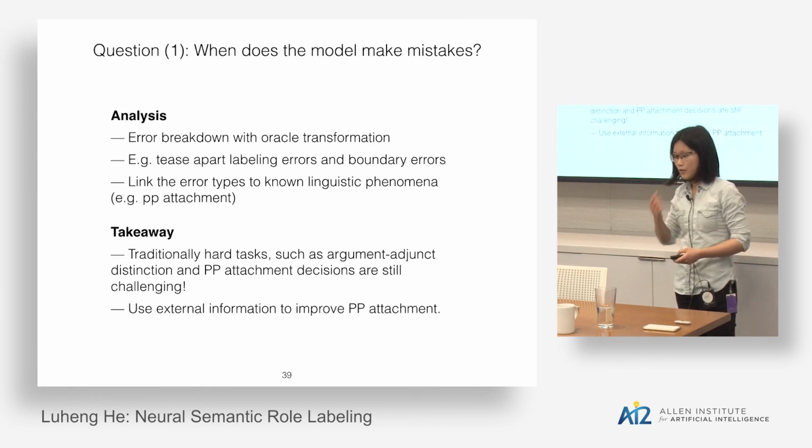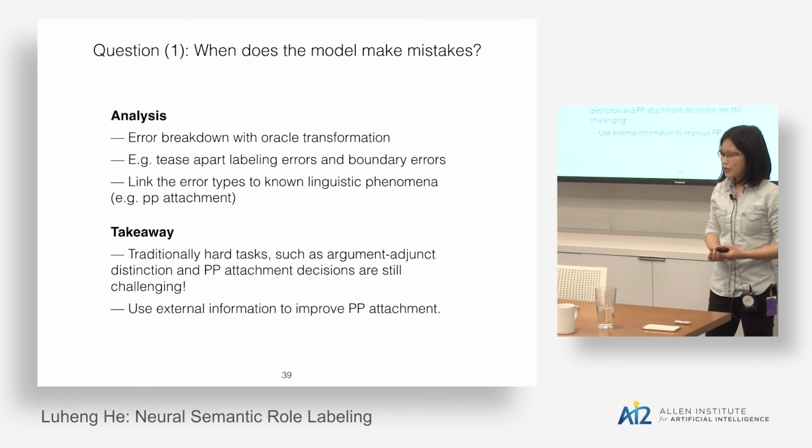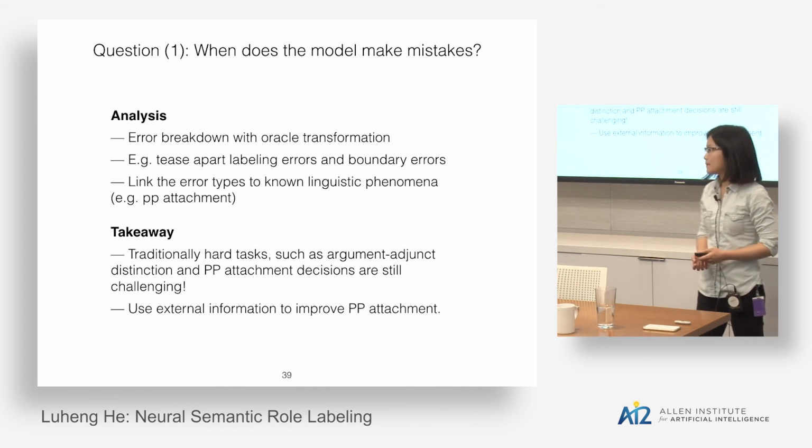So here's the takeaway of this part. Traditionally hard tasks such as argument adjunct distinction and PP attachment decisions are still very challenging for the deep SRL model. So maybe a good next step would be to use some external information to directly target PP attachment and hopefully improve the model's performance.